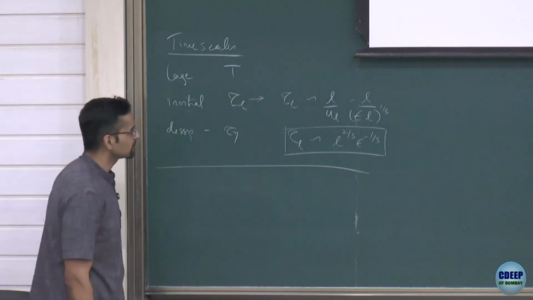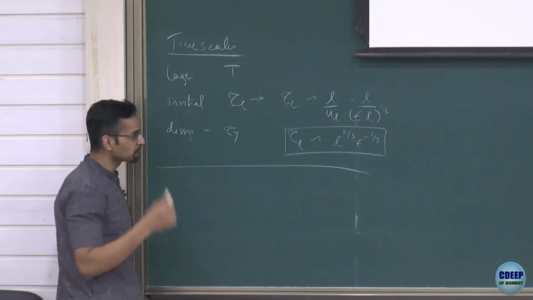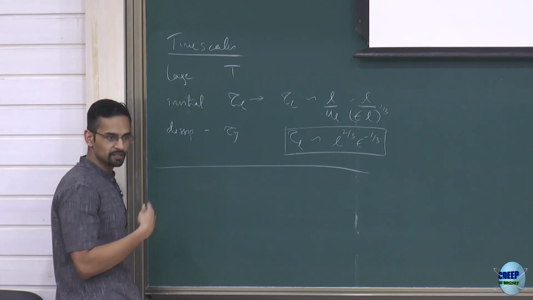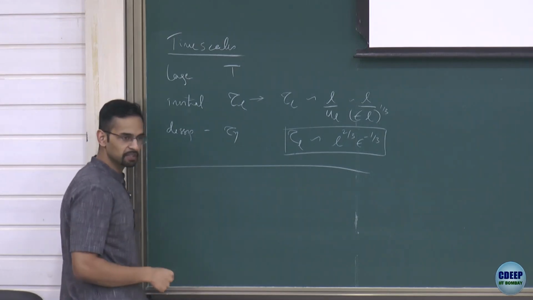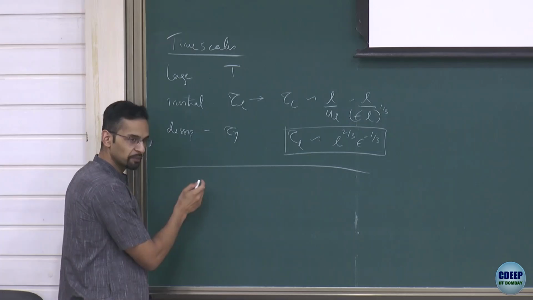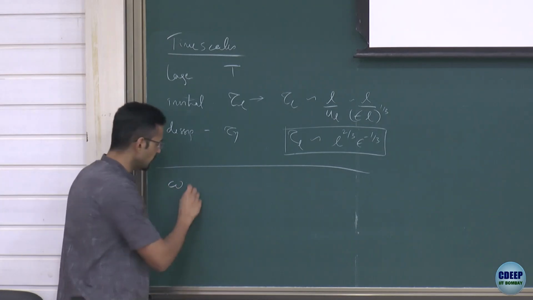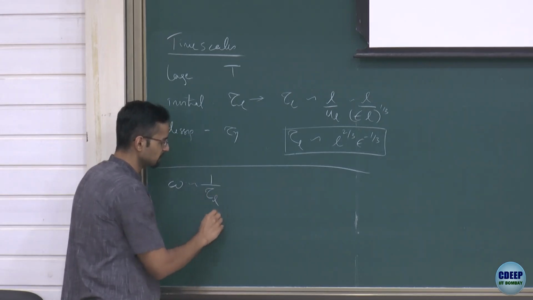Okay, so the idea is to say that I have a relationship between, if I sit at a fixed point, what is the frequency, right, with this spatial information. So I'm going to say that instead of wave number k, I have omega, which is the temporal frequency. Okay, and omega behaves like 1 by tau_L.